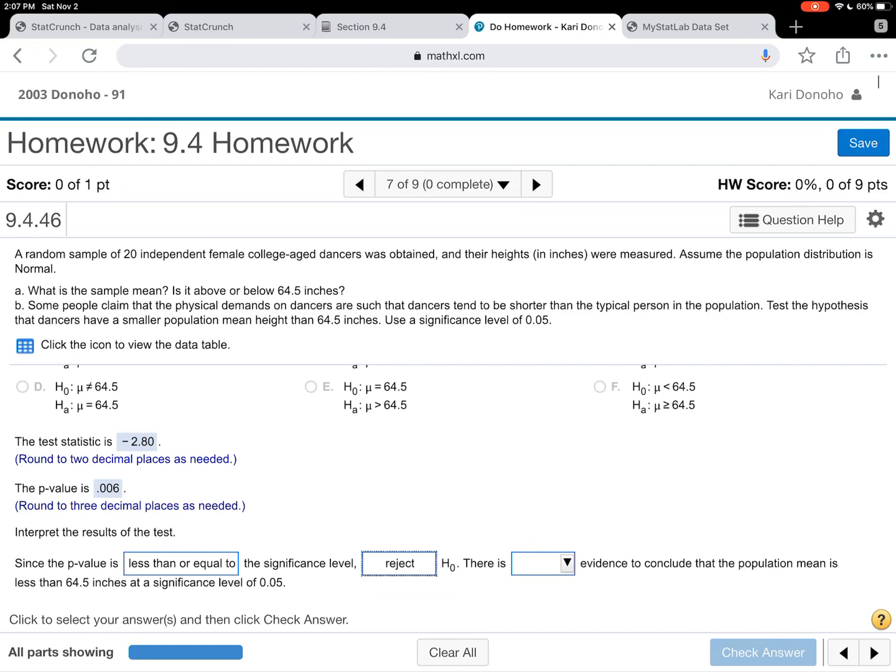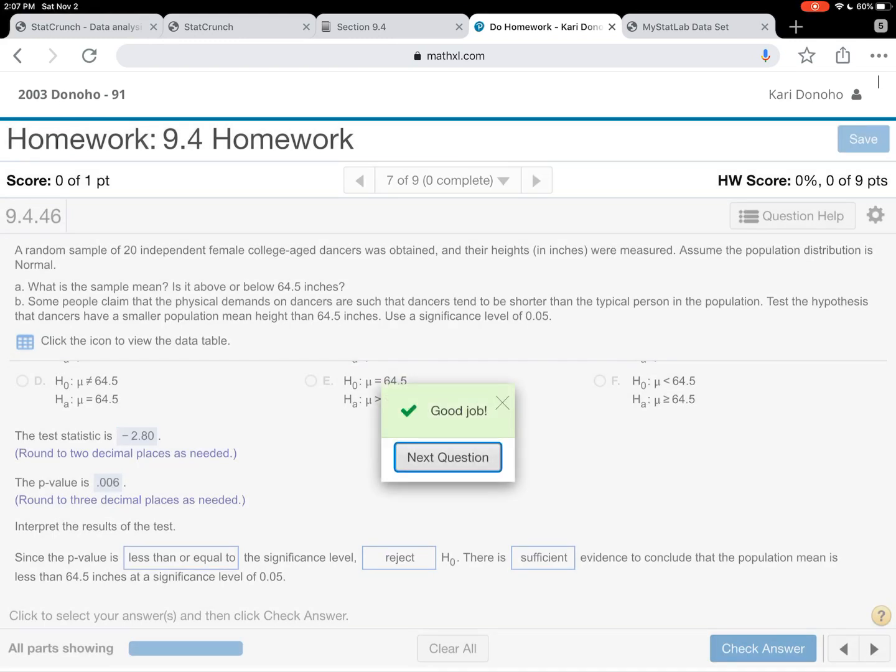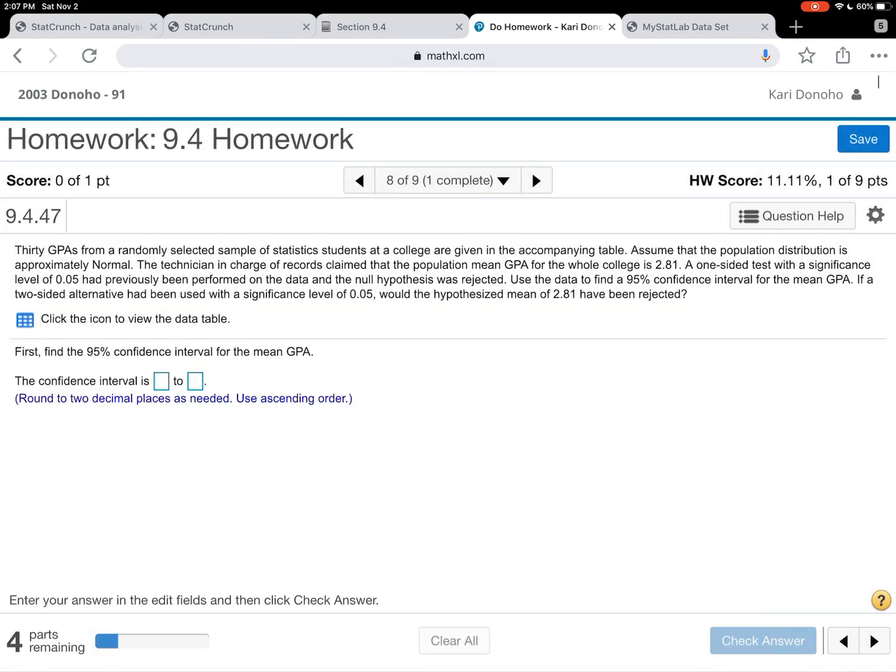When p is low, the null must go. So we're going to reject the null. When we reject the null, it means we did find evidence, so there is sufficient evidence to conclude that the population mean is less than that 64.5 inches. And that's the whole problem. We can move on to the next question.